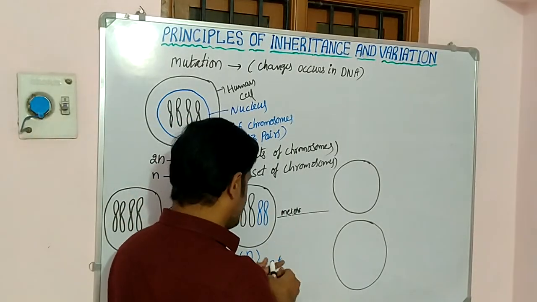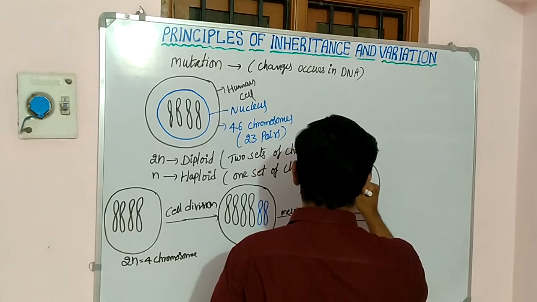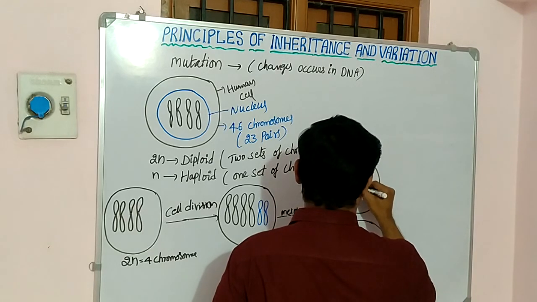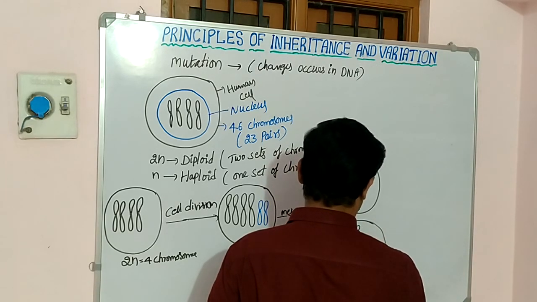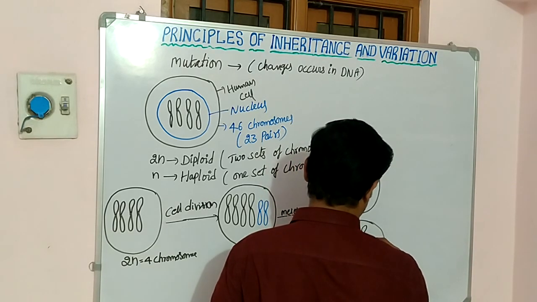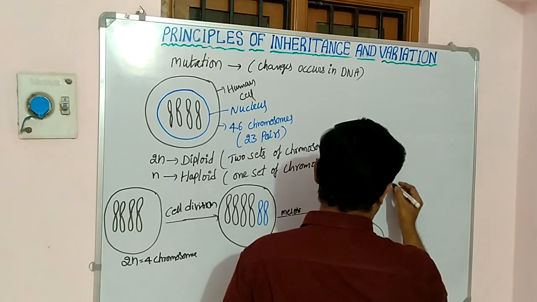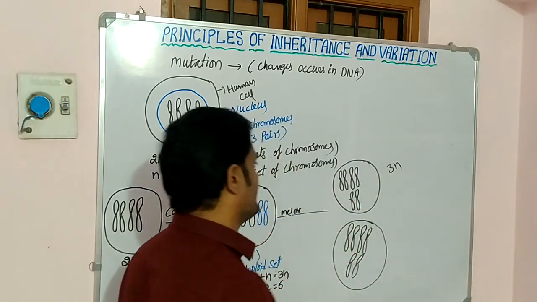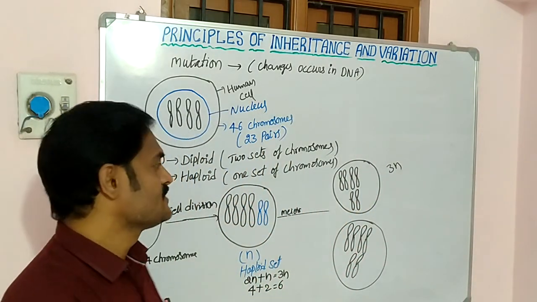Then what will happen? Each cell consists of 6 chromosomes. So which condition is it? 3n. So these daughter cells have a 3n condition.